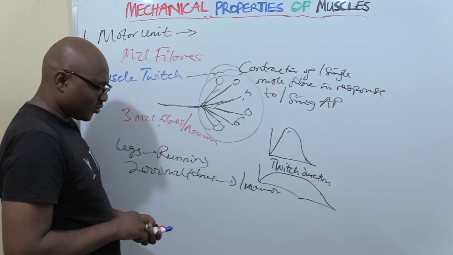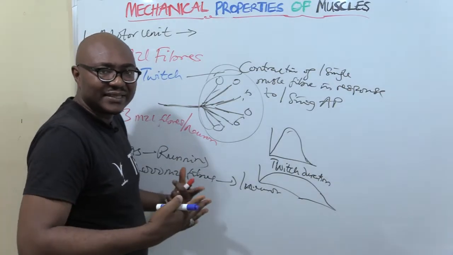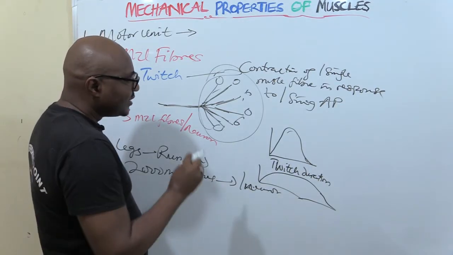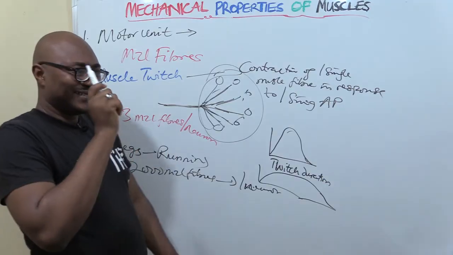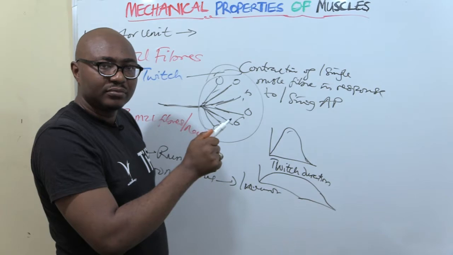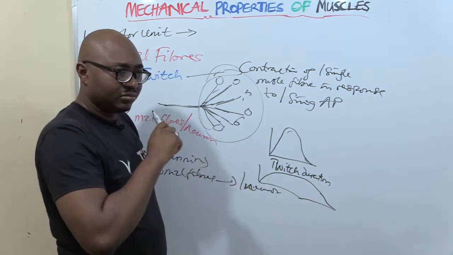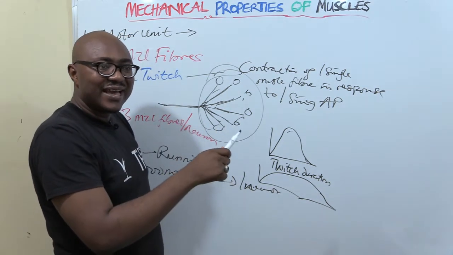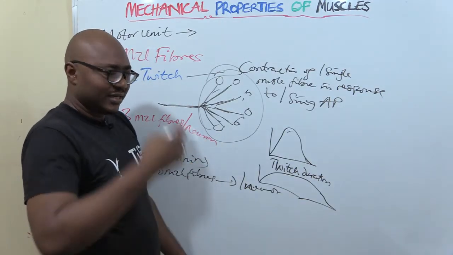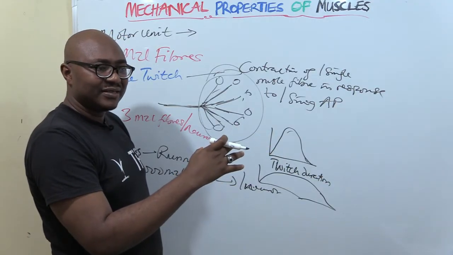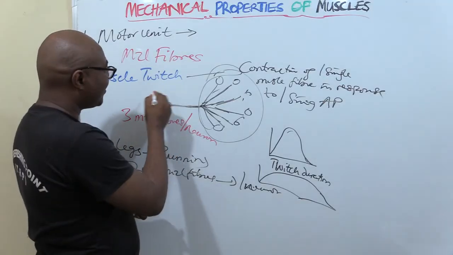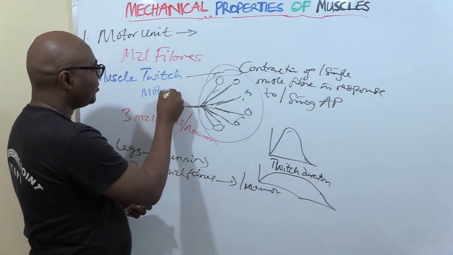Then there's another thing called a latent phase or latent period. It is the period between the activation of the nerve, that's the action potential coming from the nerve, and the onset of contraction. Action potential enters the nerve that is supplying a muscle. The nerve that supplies a skeletal muscle is known as a motor neuron.